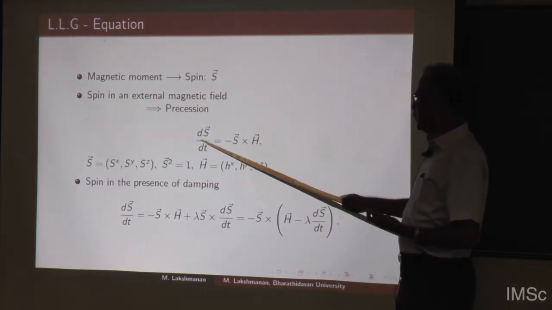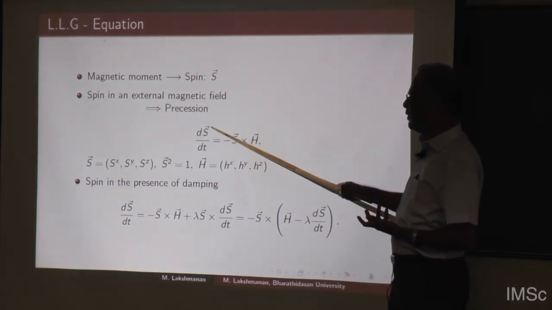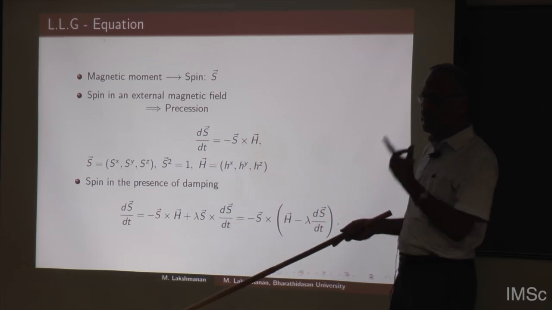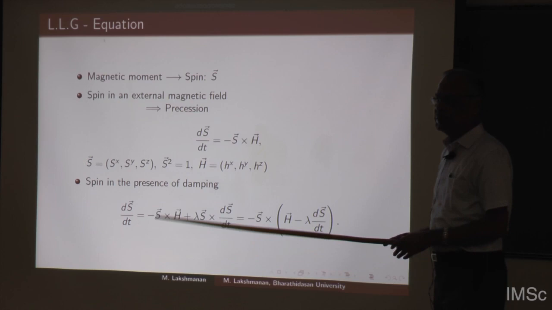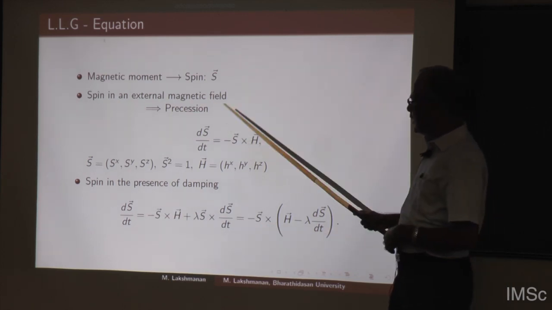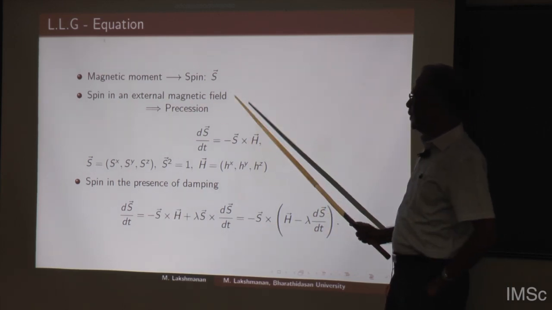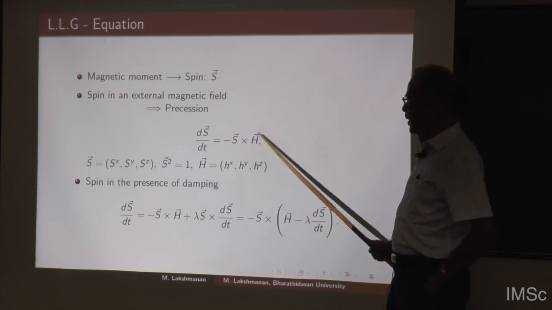Taking a dot product on both sides, d/dt of S dot H is zero. So the angle between the vector S and H is preserved. So essentially the spin precesses around the magnetic field.